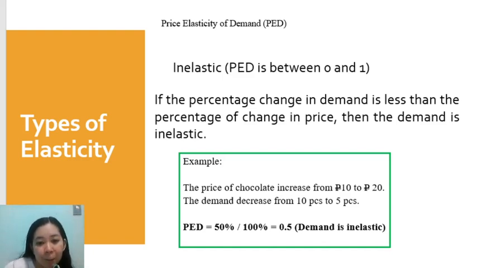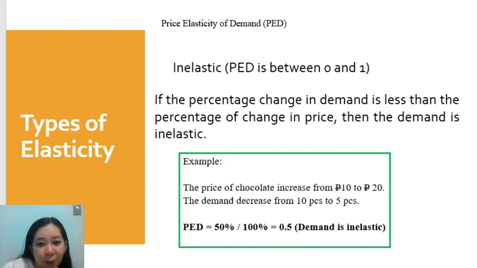For example, the price of chocolate increased from 10 to 20 pesos. In this case, since there is an increase in the price, the demand will decrease. If before the demand is 10 pieces, now it will be 5 pieces.